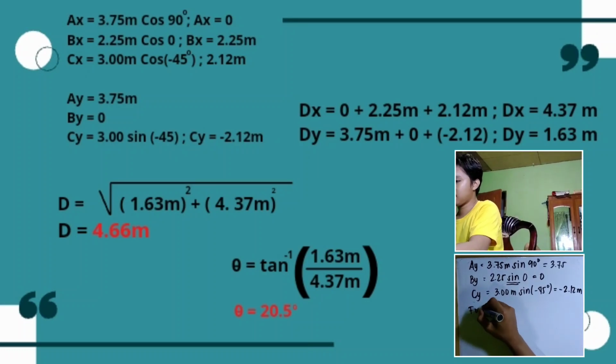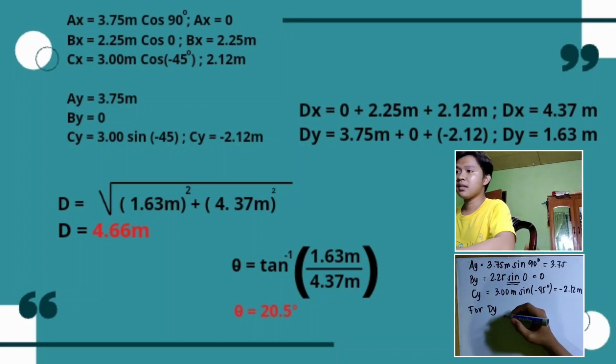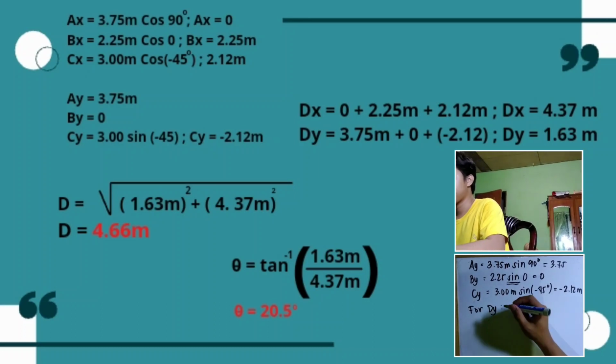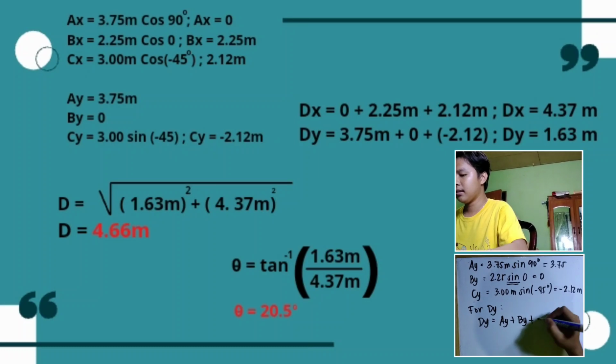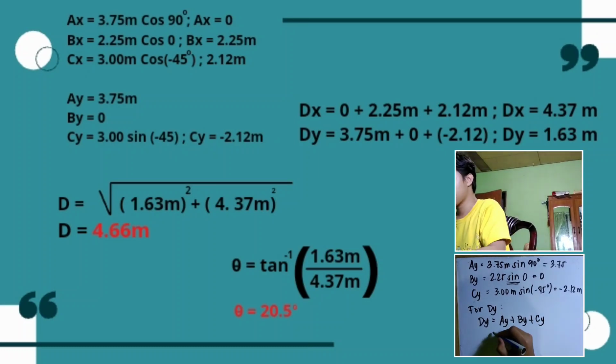So for us to derive d sub y, just like in d sub x, we just need to add a sub y plus b sub y, then c sub y.